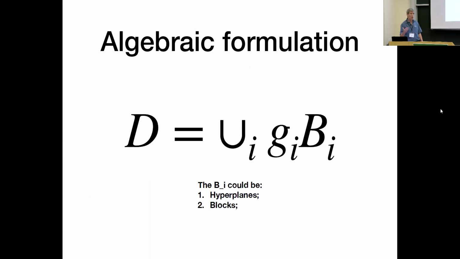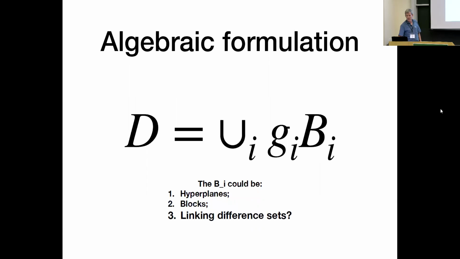In general, a simple way to write this down is to say that the set D is going to be some union of a coset representative, and you can think in terms of McFarland, that came from one group over here, with some nice geometrical object, could be hyperplanes, or if you go to covering EBSs, that would be blocks. Here's the transition for today.